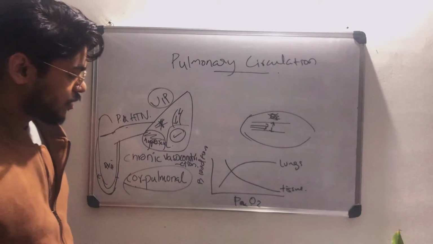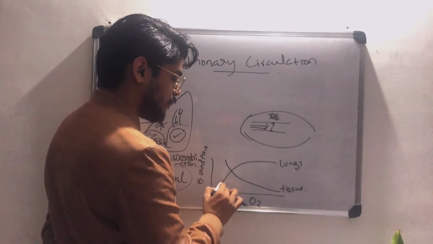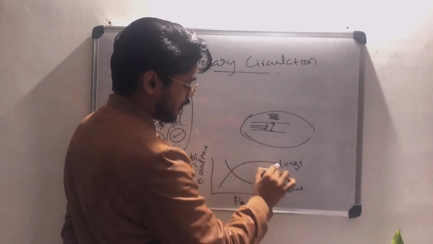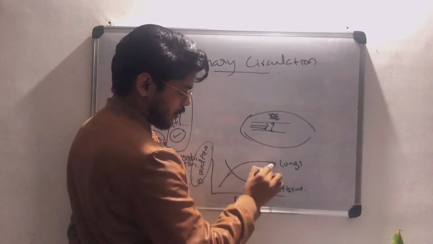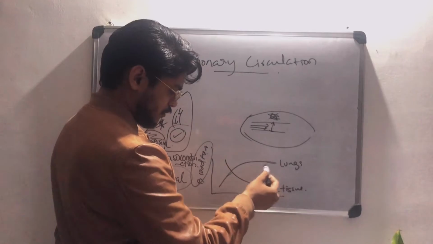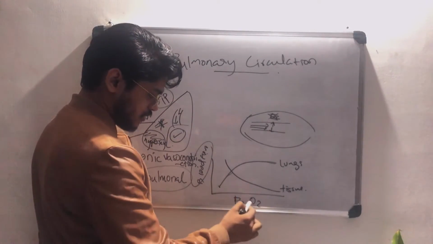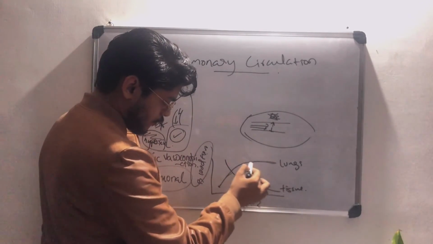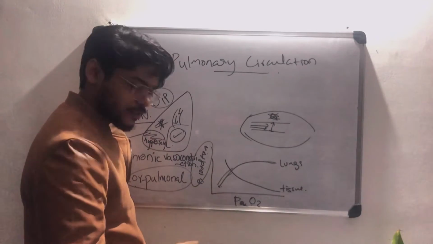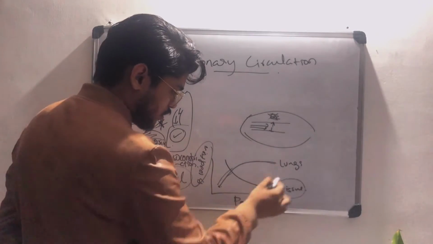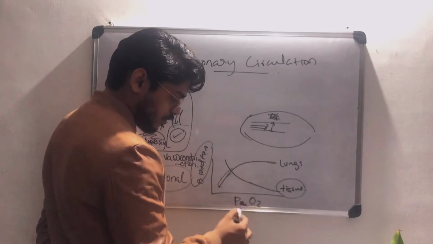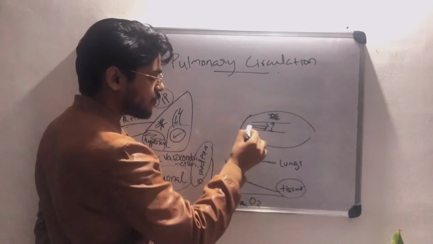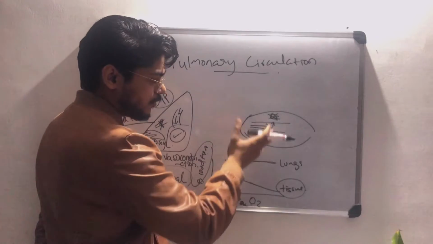Now we understood. If we have enough PaO2, then we will give blood supply and increase the blood flow. This is blood flow. But if there is hypoxia, a decrease in PaO2, what do we do? We decrease the blood flow by vasoconstriction. And in tissues, if there is a decrease in PaO2, we will increase the blood flow because we need O2.